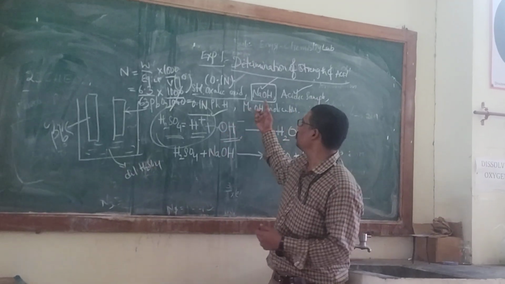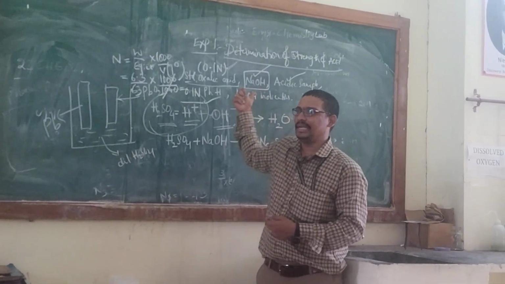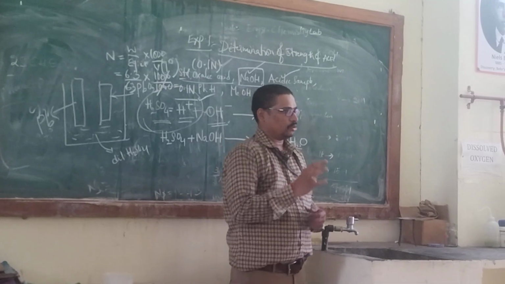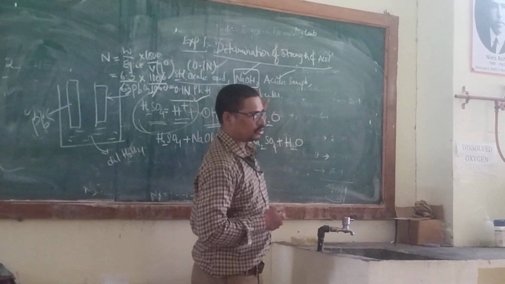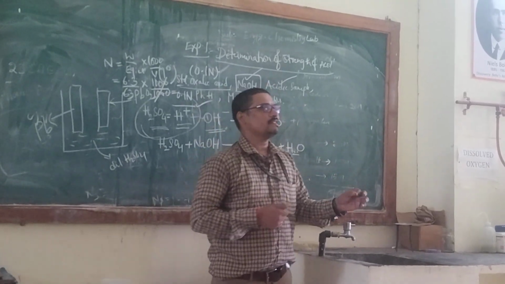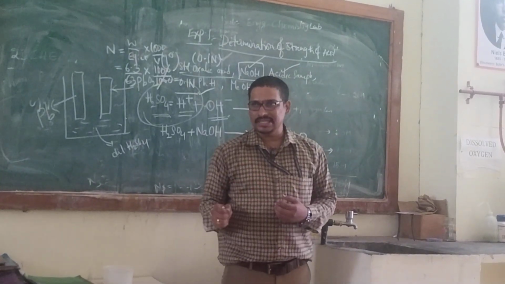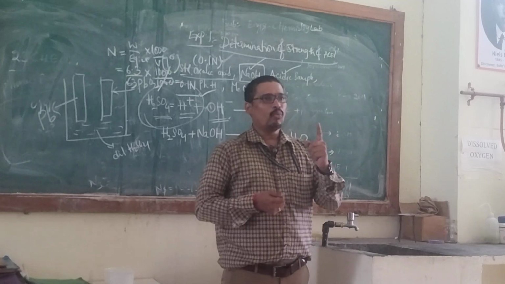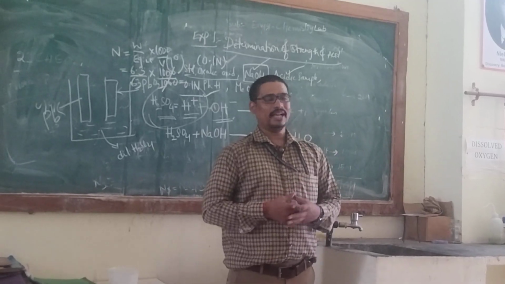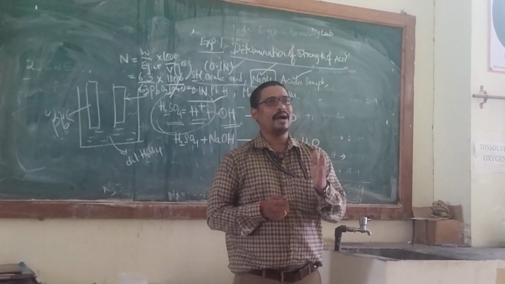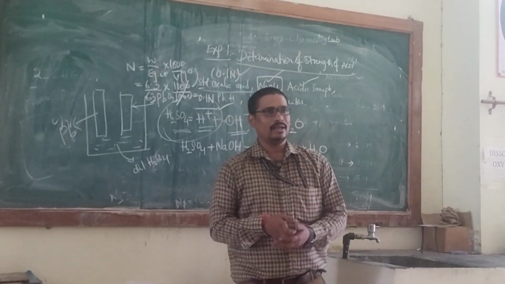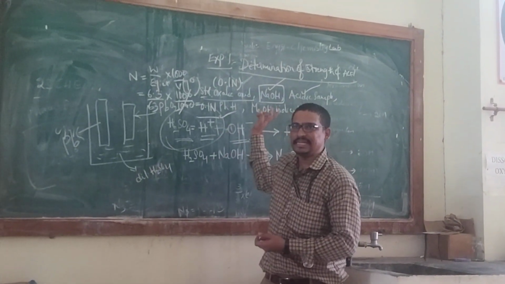Next we have the second solution, sodium hydroxide or NaOH solution. While preparing NaOH solution, approximately 4 grams of sodium hydroxide is to be dissolved in 1 liter of distilled water. It will become the sodium hydroxide solution. Next we have phenolphthalein indicator.